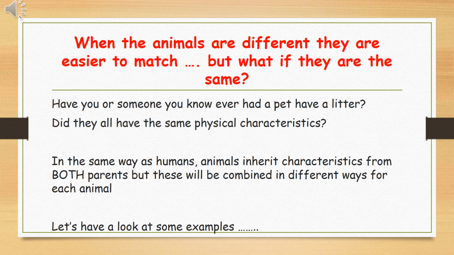What about height? Just have a think. Because in the same way as humans, animals inherit characteristics from both the parents. But like humans, the genes are combined in different ways for each animal.